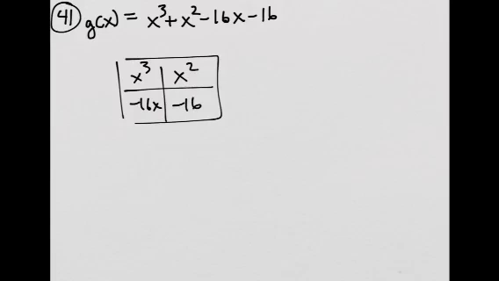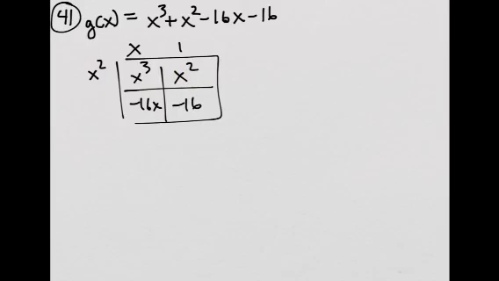Okay, and then you ask yourself, what's the greatest common factor in this row? And that would be x squared. And then you ask yourself, x squared times something gives you x cubed. So that would be x. And then x squared times something is x squared. Well, that would be 1.